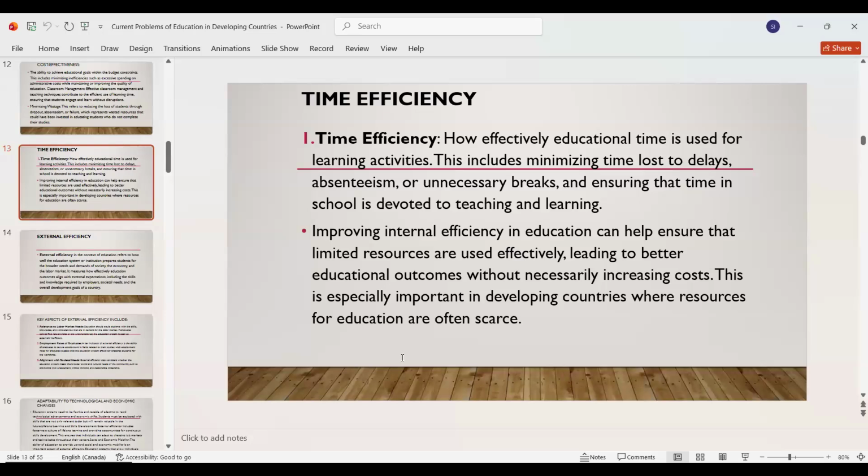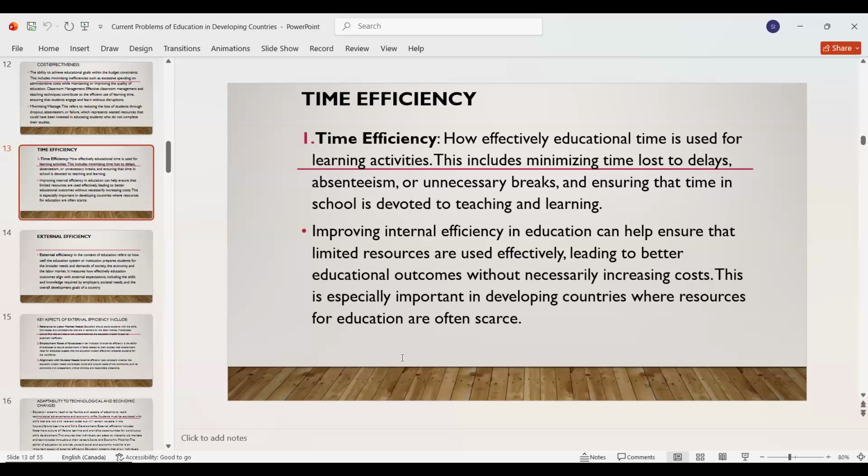So no need to give a break in between the periods, because there is a break, right? After 4 periods, they have a break and then they are starting, right? So, minimizing time lost to delays, absenteeism, or unnecessary breaks, right?